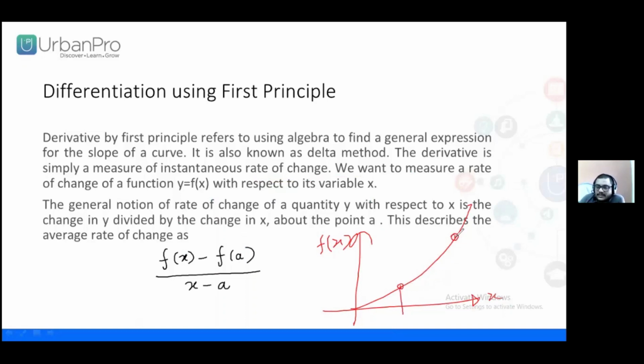This is the point A and this is the point B. At this point the function has some value f(x), and at this point the function has some value f(a). If we check the change in the value of the function with respect to the change in the independent variable, then we can find the rate of change equal to (f(x) - f(a)) divided by (x - a).